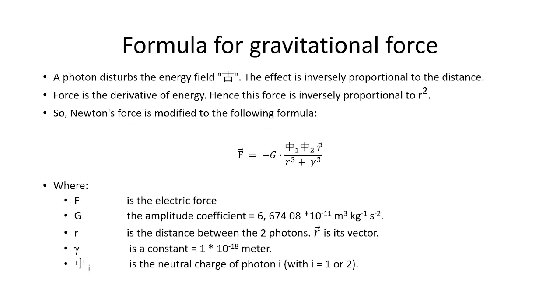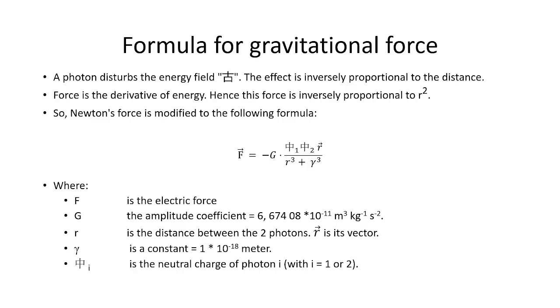Formula for gravitational force. A photon disturbs the energy field gu. The effect is inversely proportional to the distance. Force is the derivative of energy. Hence, this force is inversely proportional to r to the power square.